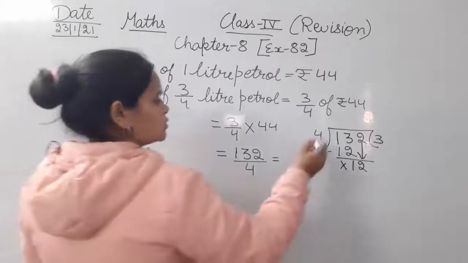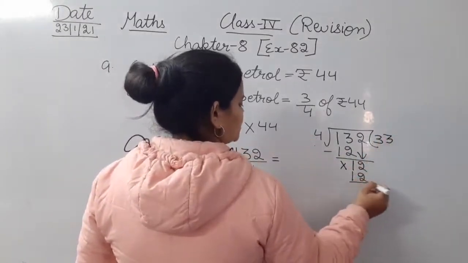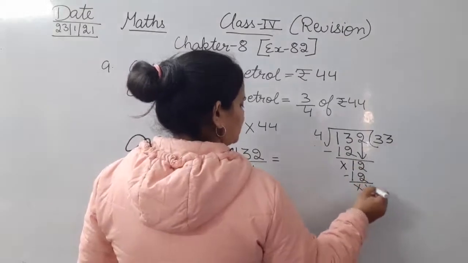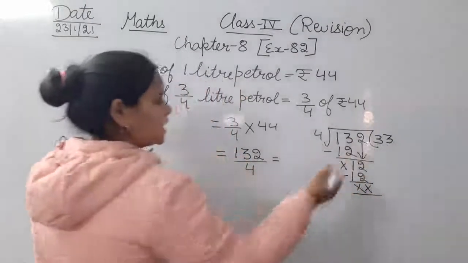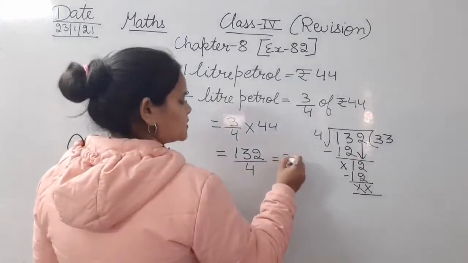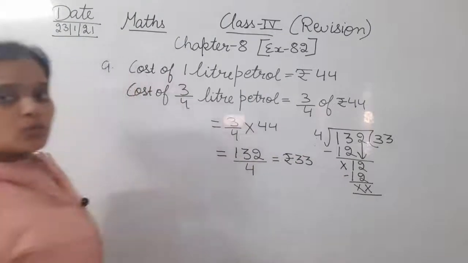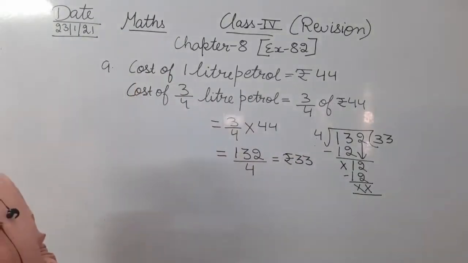So again 4 threes are 12. 12 minus 12, nothing will be left. So the answer we got is 33, or you can say rupees 33. So rupees 33 is the cost of 3/4 liter of petrol.